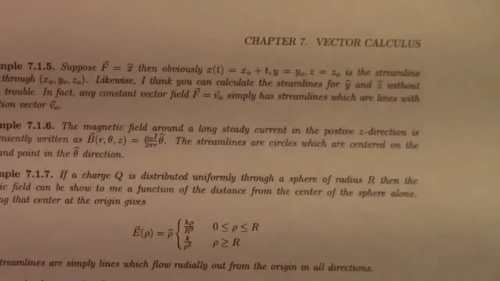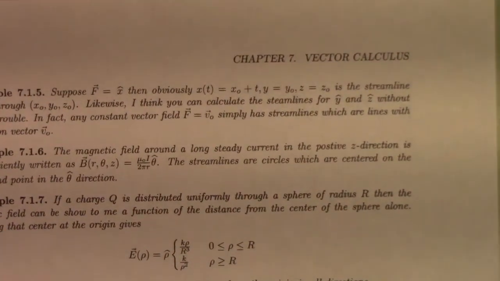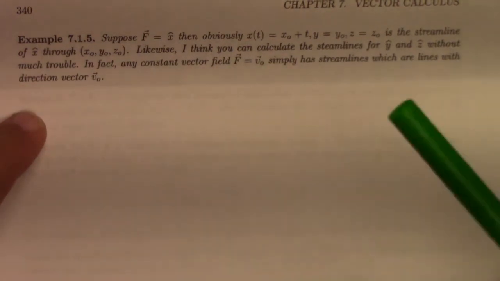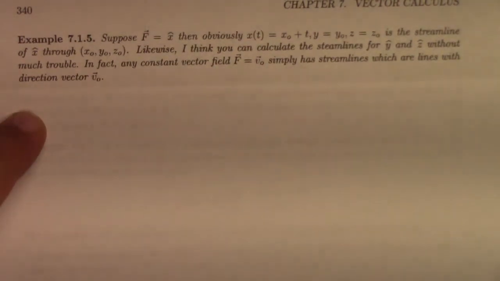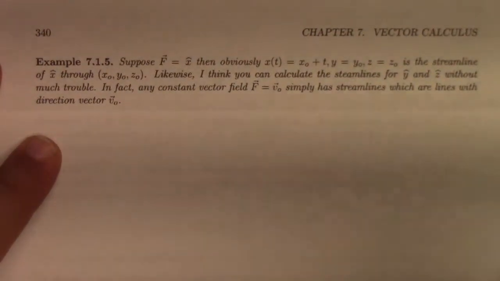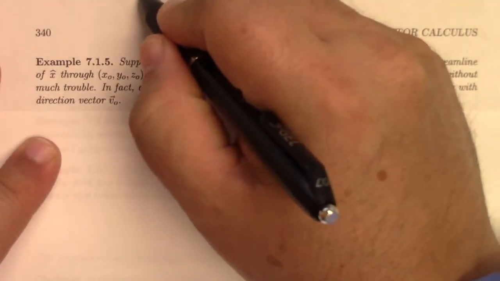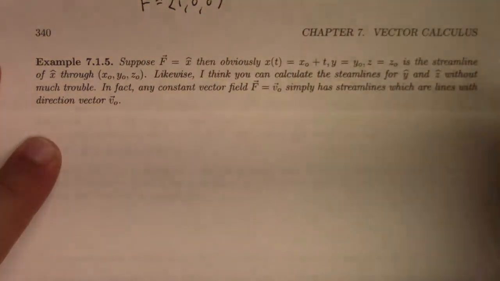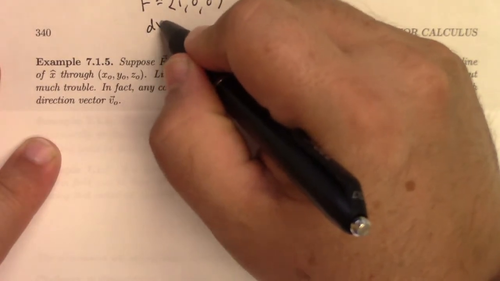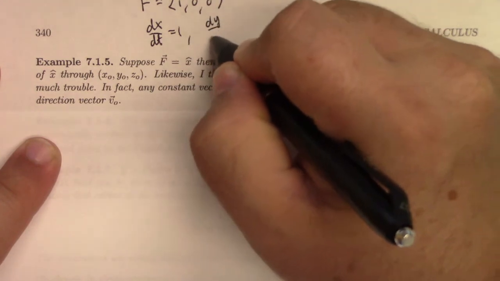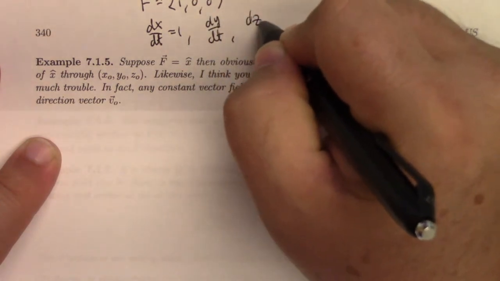I think maybe I can calculate it in here without too much trouble. We could find the integral curve for x hat, right? So let me just break it down. What were the differential equations we have to solve for x hat? Well, x hat is (1, 0, 0), right? We're in 3 dimensions at the moment. So that means I need to solve the differential equations dx/dt equals 1, dy/dt equals 0, dz/dt equals 0.